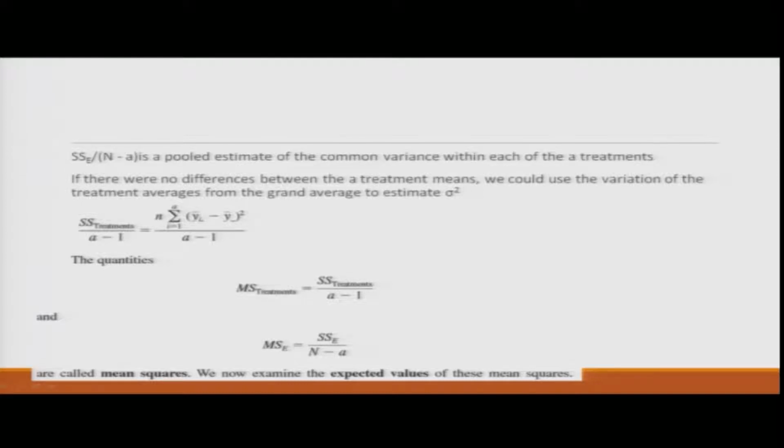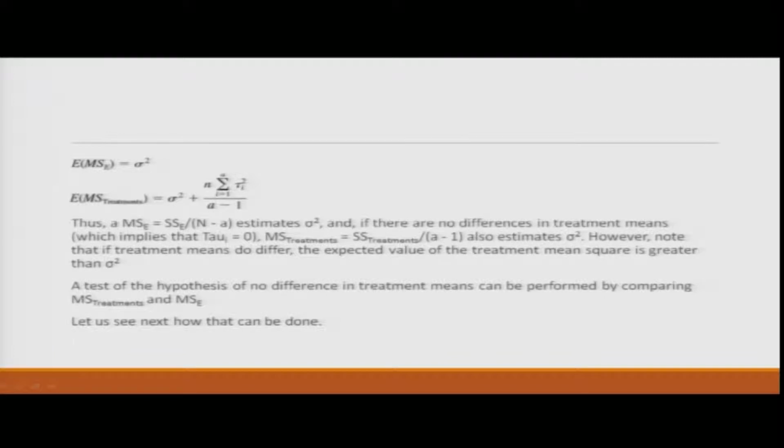We now examine the expected values of these mean squares and do our studies accordingly. So, the expected value of the mean square for the errors would be sigma square, and the mean square for the treatments would be sigma square plus a factor which is n summation of tau square divided by A minus 1.